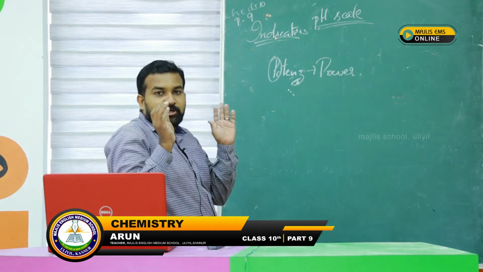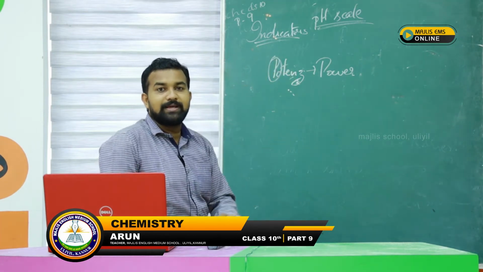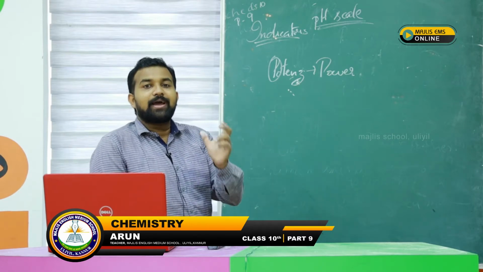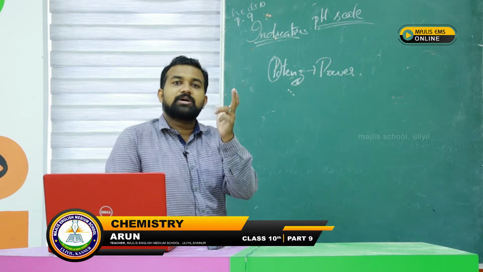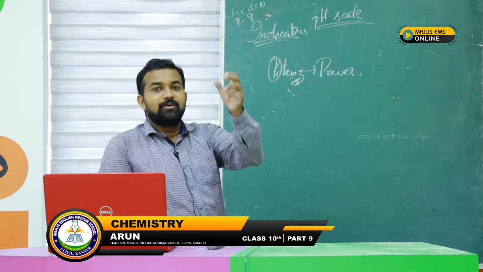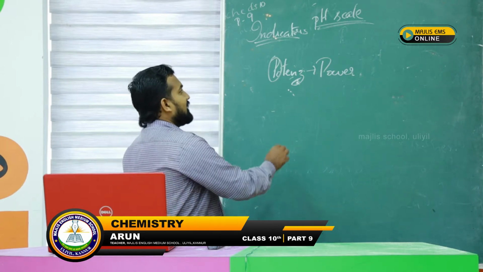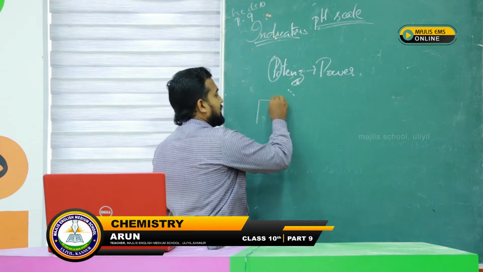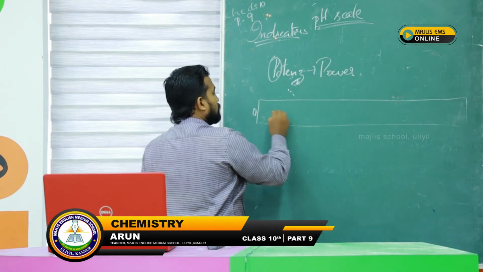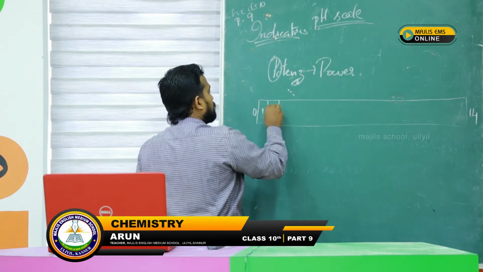Okay. So this potence or the power of H plus ions is calculated among all the substances present, and according to the amount of H plus ions, we have arranged the substances. For that we have prepared a scale which ranges from 0 to 14.